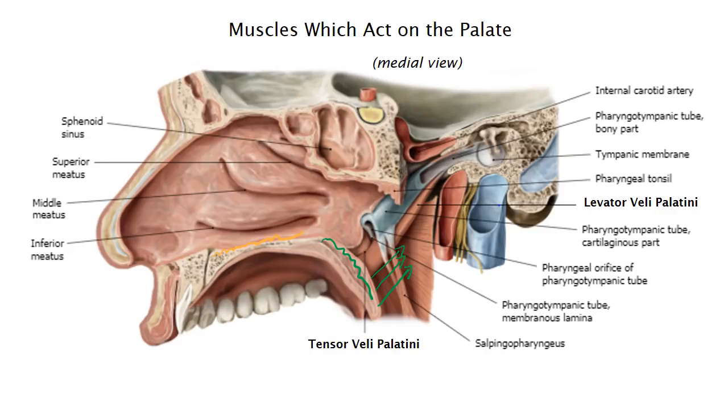To do that, we have a pretty complex mechanism, really driven by two structures, the levator veli palatini and the tensor veli palatini. And as you might imagine, the levator helps to do the elevation, and the tensor helps to tense the palate.